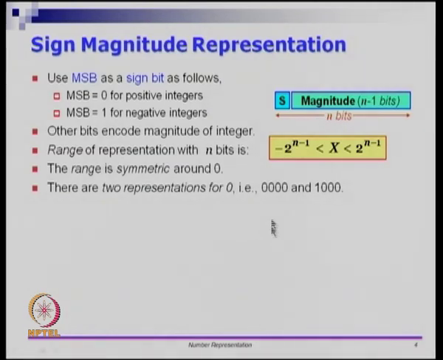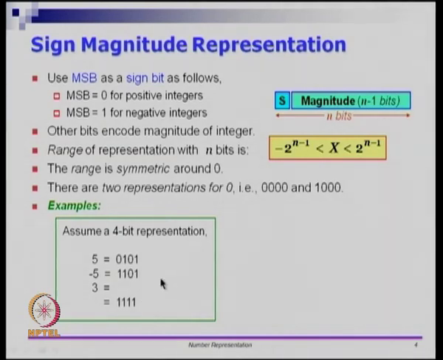Both 0 followed by all zeros and 1 followed by all zeros stand for 0. This is actually positive 0 because you have sign as 0 and magnitude as 0, and this is negative 0, with sign as 1 and magnitude as 0. However, technically there is no difference between plus 0 and minus 0 for the various arithmetic operations that we are going to do. So 0 gets to have 2 representations in this. So let us do a bunch of examples.